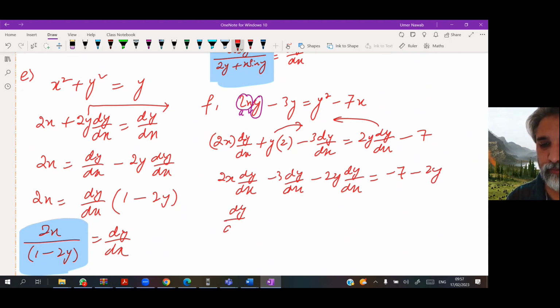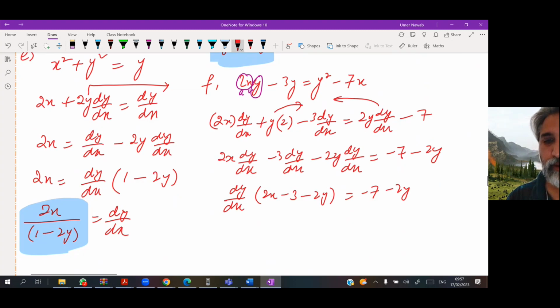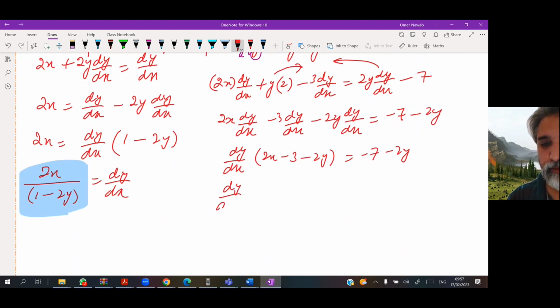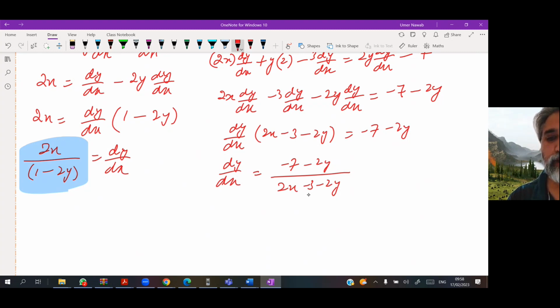Take dy by dx common. Now dy by dx equals 7 minus 2y over 2x minus 3 minus 2y. If you find lots of minuses, you can change their signs as well, but this is my final answer.